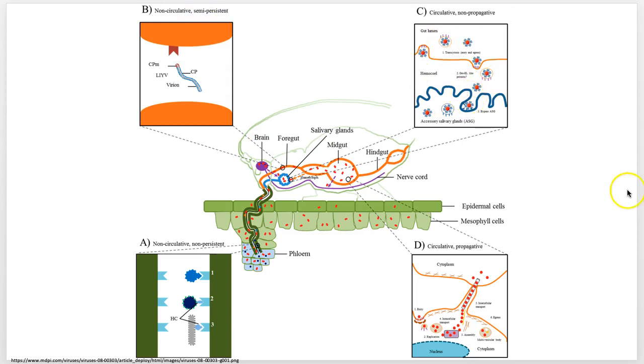Now you can have it where it starts to circulate, so you see the virus throughout the animal, but it's not actually growing, so it's not infecting the insect host, but it is sort of spread throughout the host, which is really interesting. So it's circulative, but it's non-propagative.